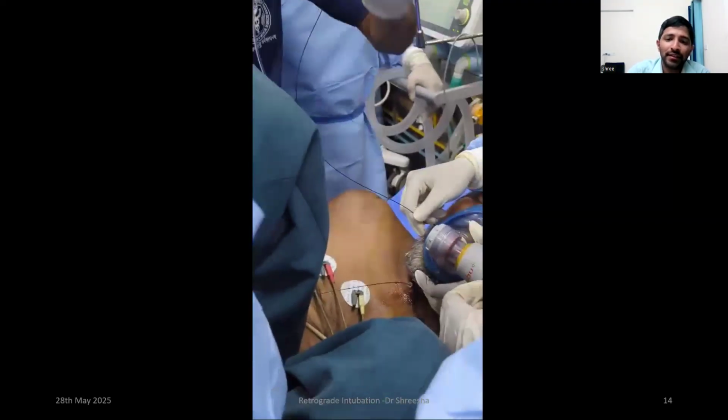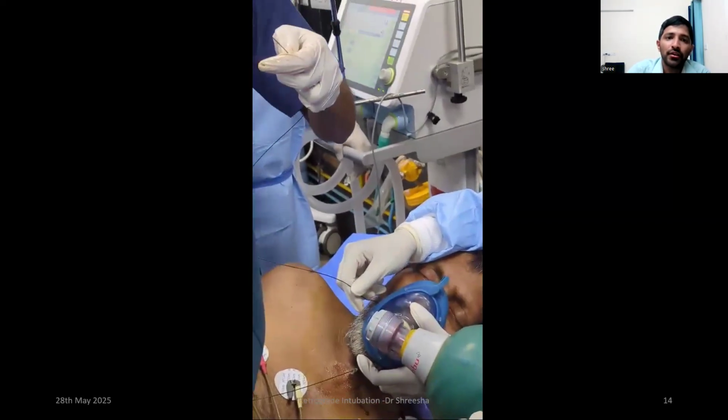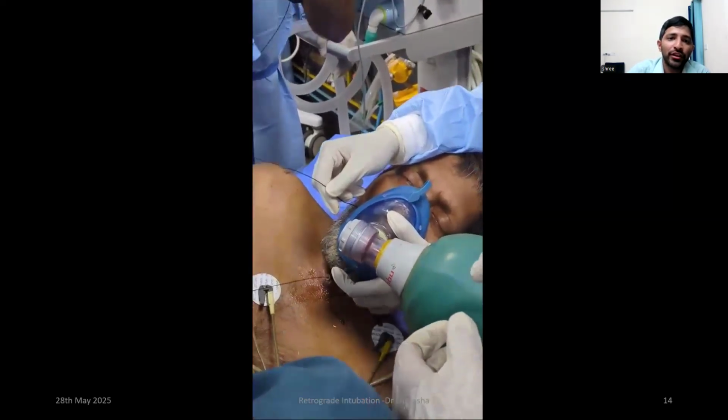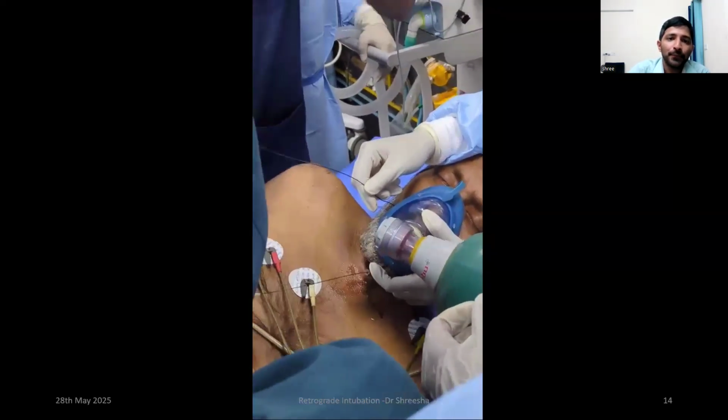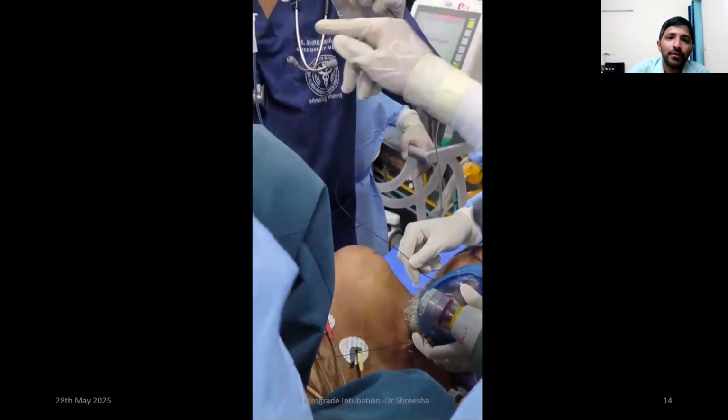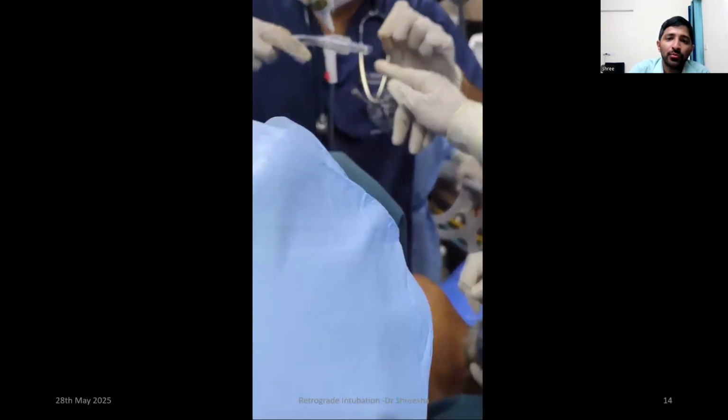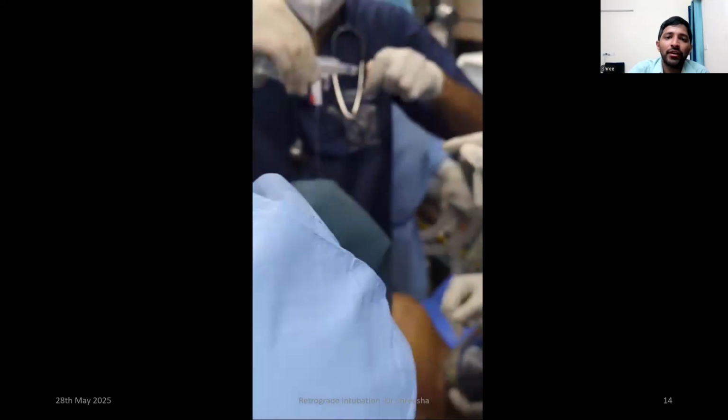Once the guide wire came out of the mouth, we used the Murphy's eye of the endotracheal tube to pass the guide wire.